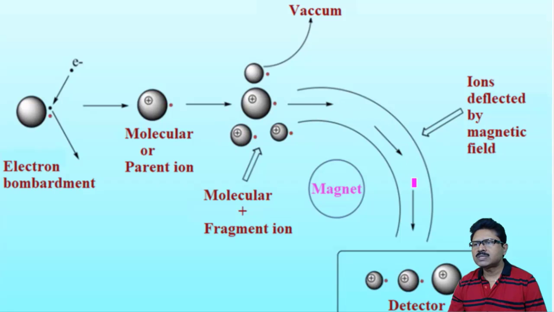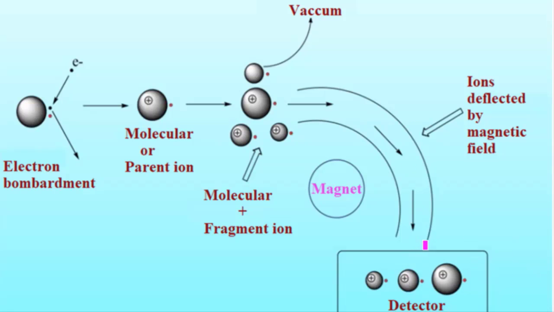When they pass through the magnetic field, their paths will be deflected, and ultimately those ions will be separated. The larger ions will strike at this position, then the smaller ions will strike at different positions, and ultimately if detectors are placed here, here and here, those ions will be detected separately.